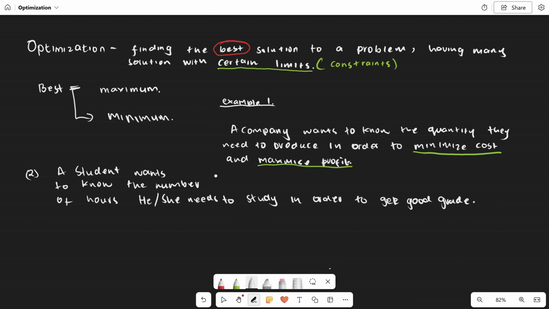So this is also an example of optimization. It means we're saying that a student wants to know the number of hours he or she needs to study in order to get good grades.